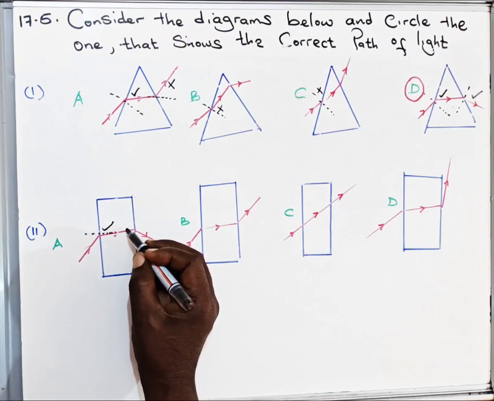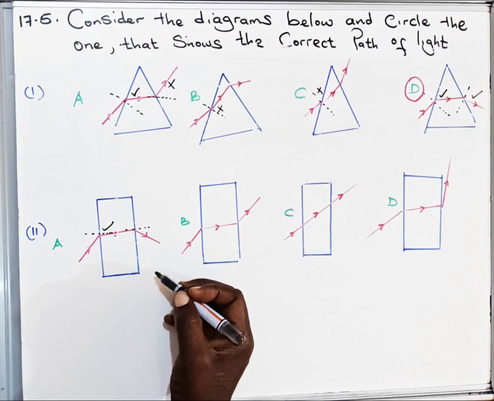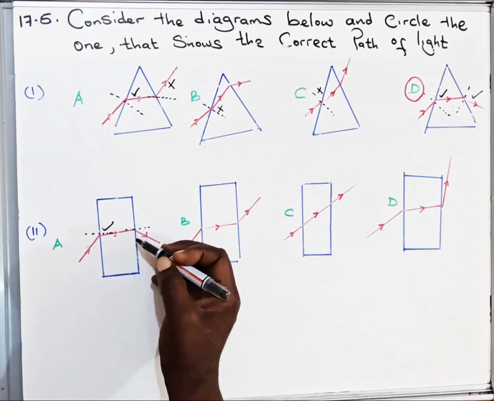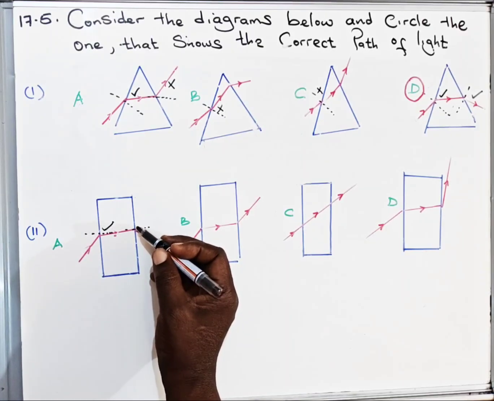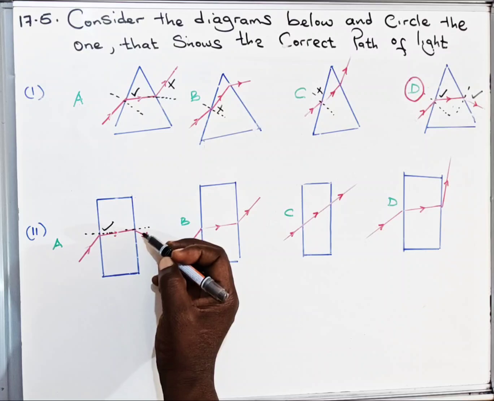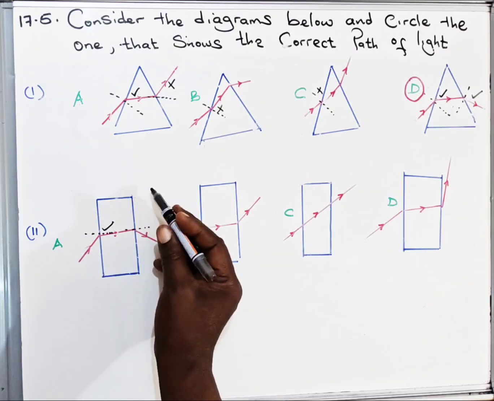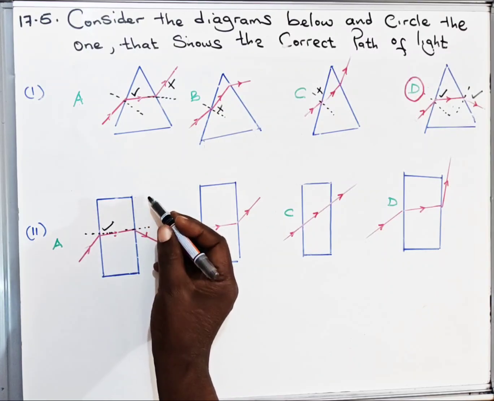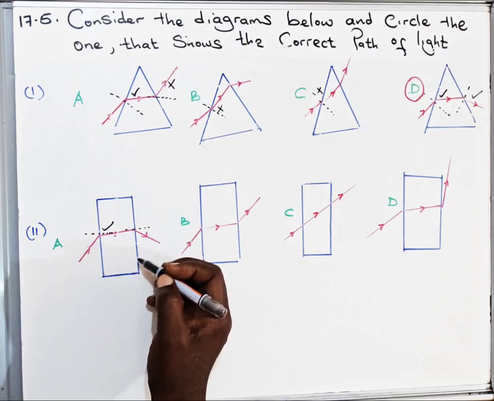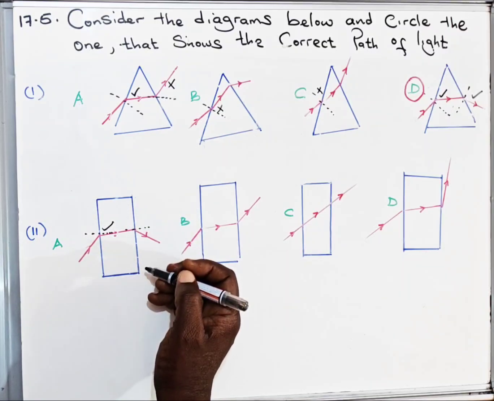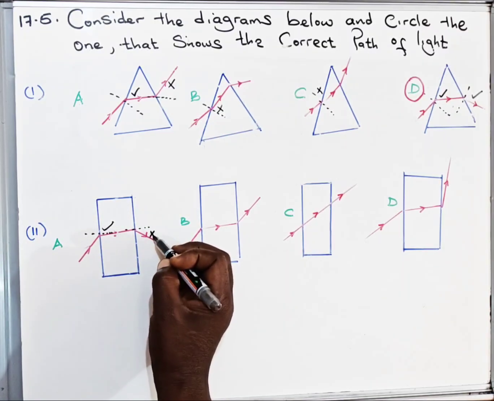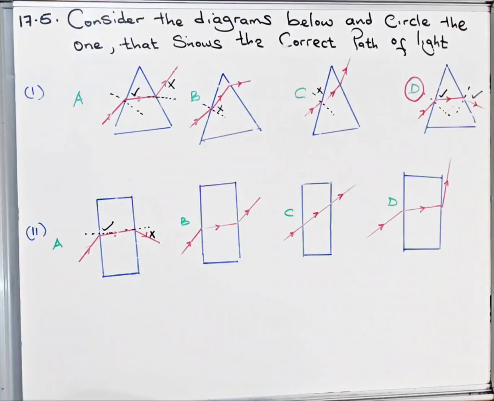Then we come to here. This is the surface, and light is supposed to bend away from the normal, but this one took a wrong side, so it's wrong. Let's come here.